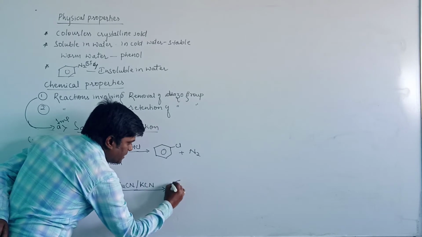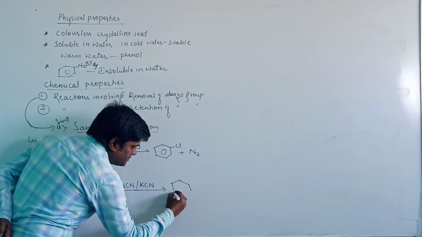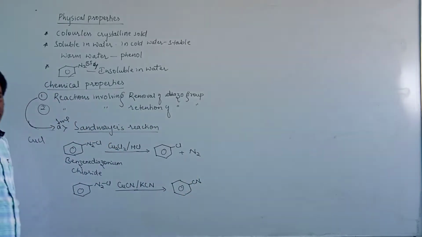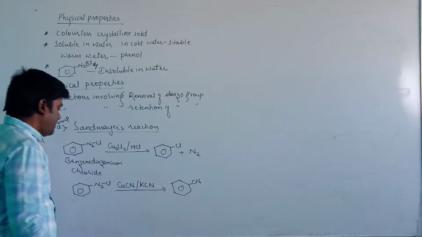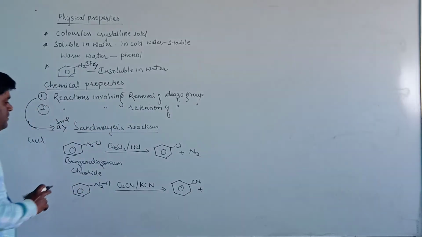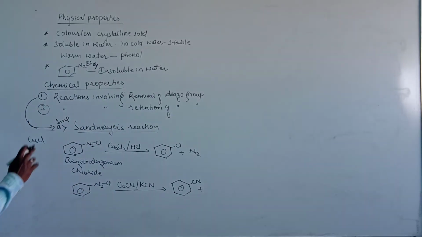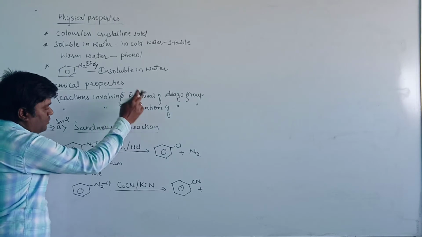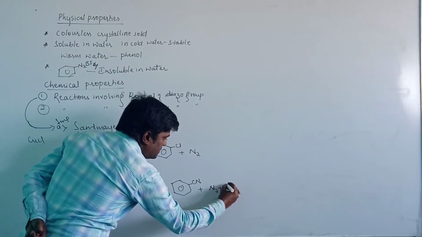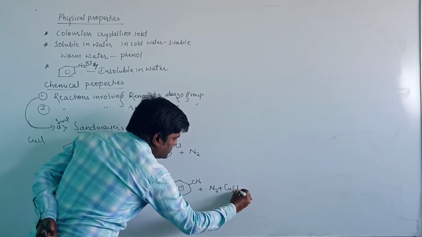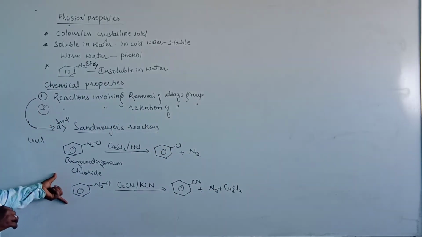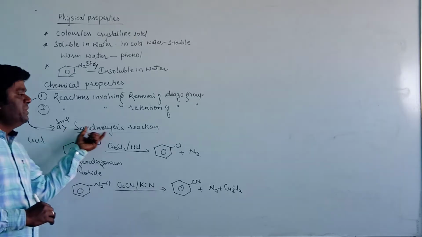Then it gives the compound cyanobenzene. The main product will be cyanobenzene, and the byproducts are nitrogen and cuprous chloride. These two reactions are known as Sandmeyer's reaction.